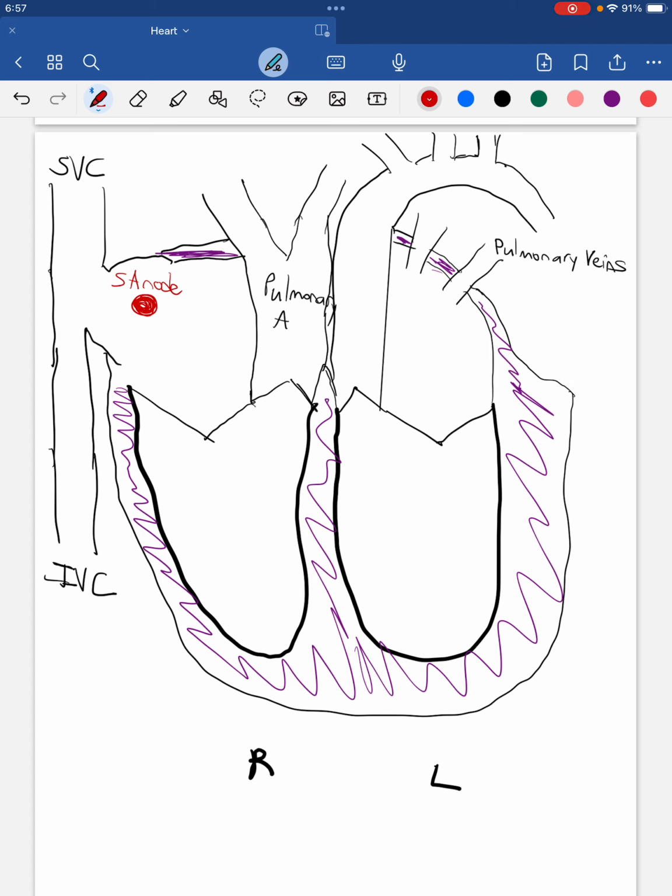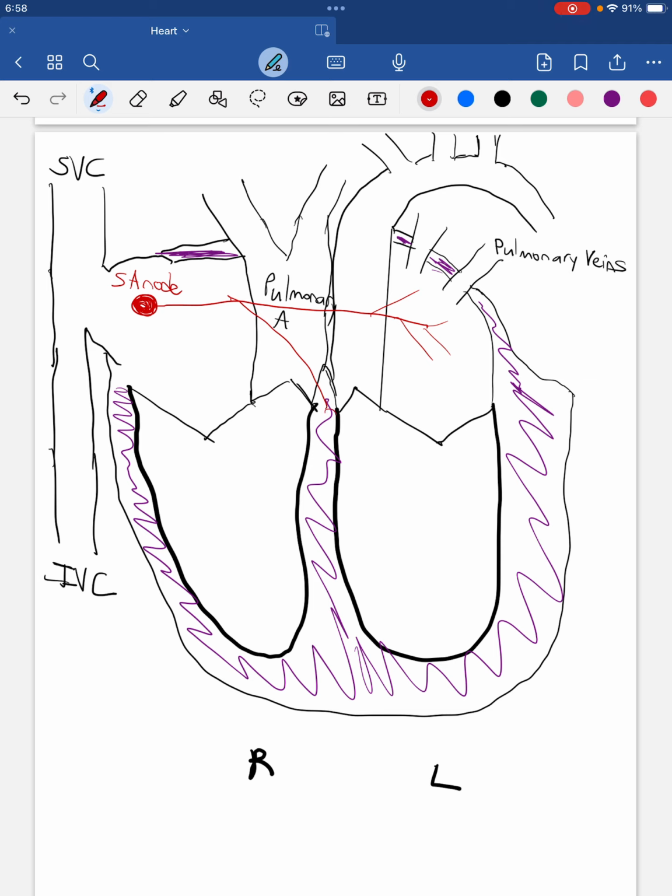This SA node is then going to send electrical impulses to the left atrium. And of course, there are branches everywhere, branching off in all different directions to electrically stimulate those muscle cells.